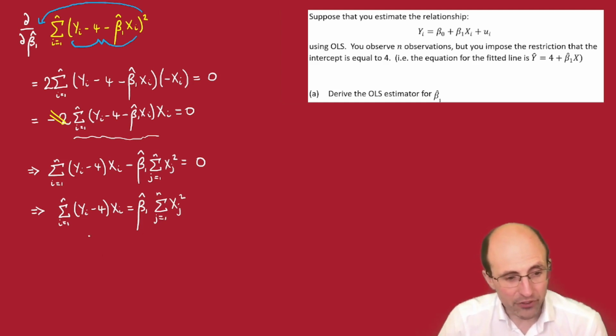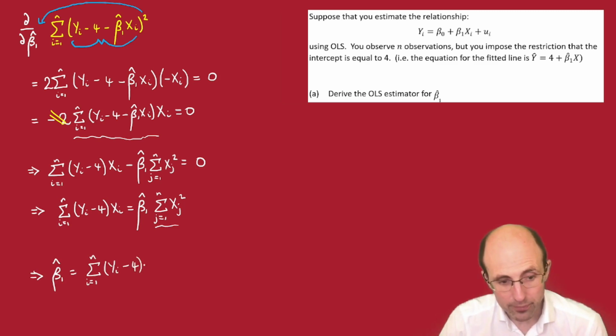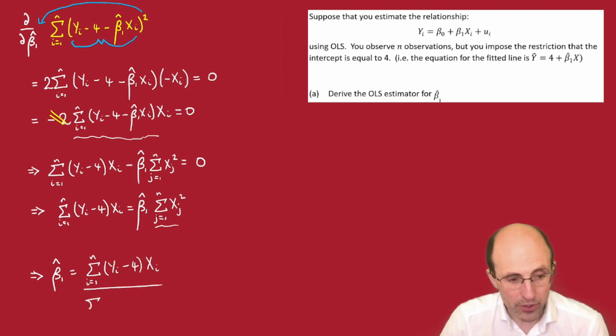In the final step, we can divide left and right by this sum of the x squared, giving us that our estimator for the slope parameter is equal to the sum from i equals 1 to n of yi minus 4 times xi, all over the sum of the x squared.